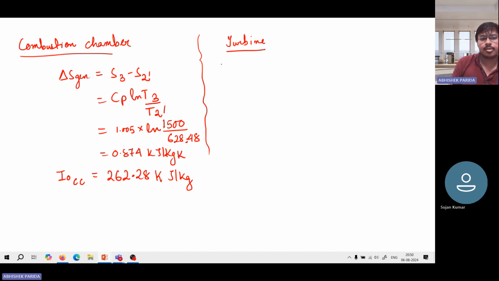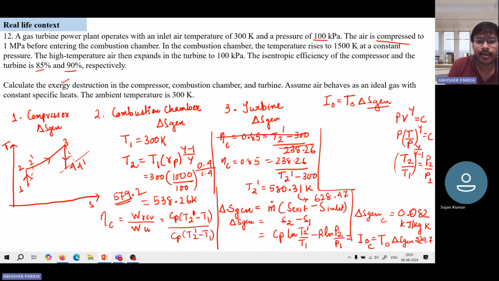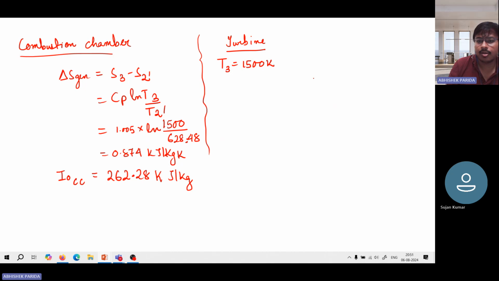Now, what is the turbine? First of all, same like the compressor we have to do. We have T3 equal to 1500 Kelvin, and we are expanding to how much pressure is given? 100 kilopascal, the same as this one. So T4 is equal to 1500 divided by Rp to the power gamma minus 1 by gamma.